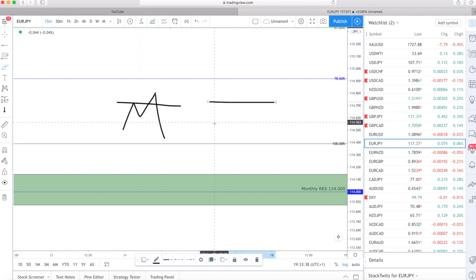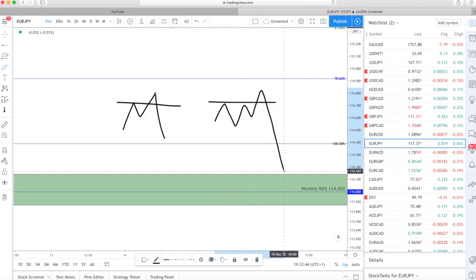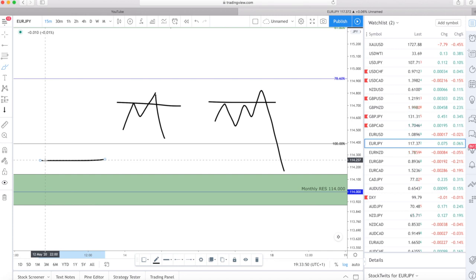So say this is resistance, we'll have 1 touch, 2 touch, and we'll come back up, we'll take out the high before then making the official move to the downside, or if it's support, one touch, 2 touch, spike through before then reversing to the upside.